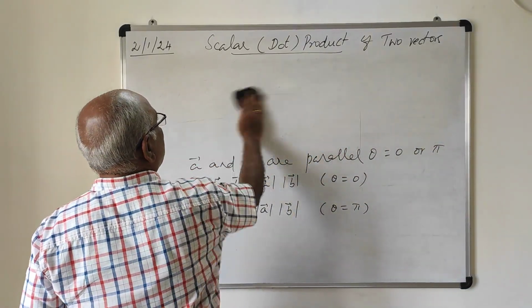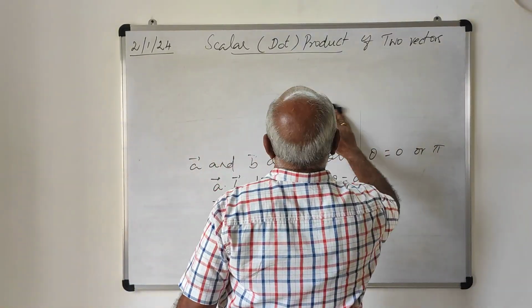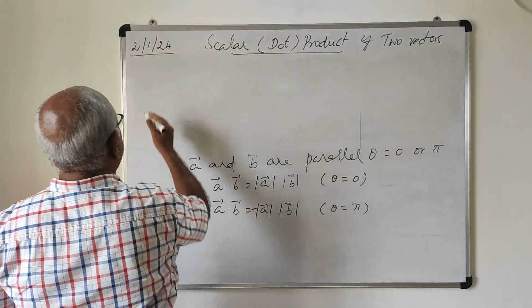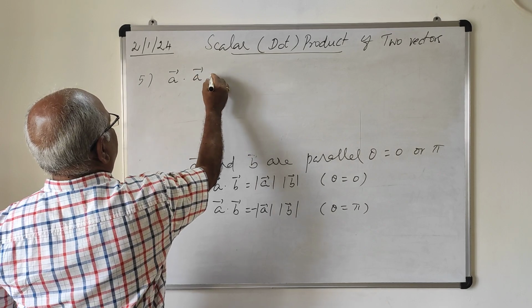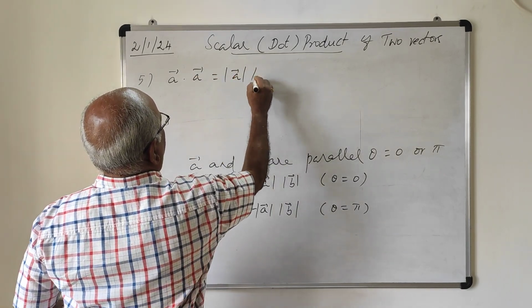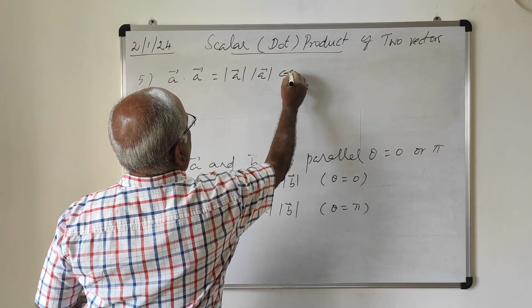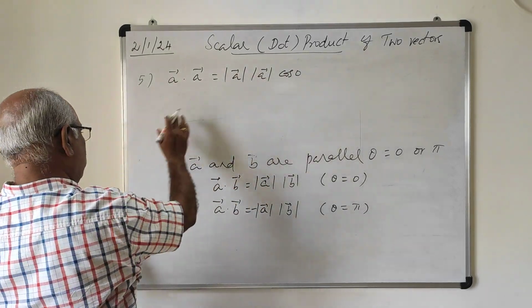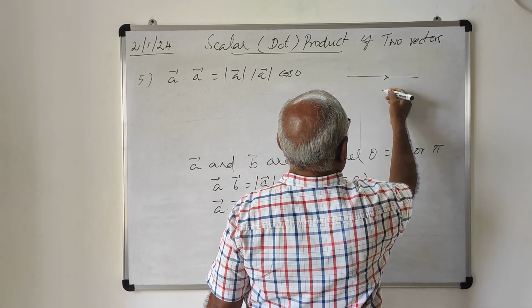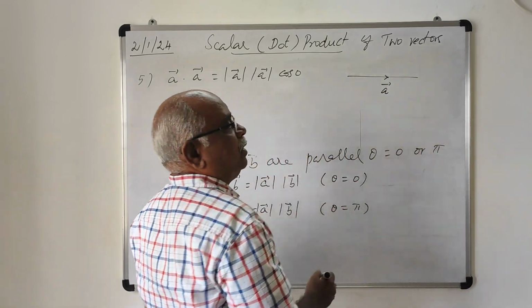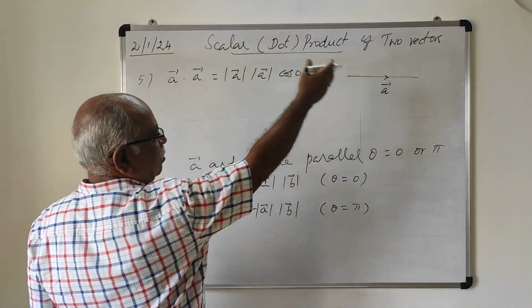A dot A. What do you get if A dot A? In this case, mod A into mod A into cos 0. The angle between A and A is only 0, because it is the same vector, again on the same line.